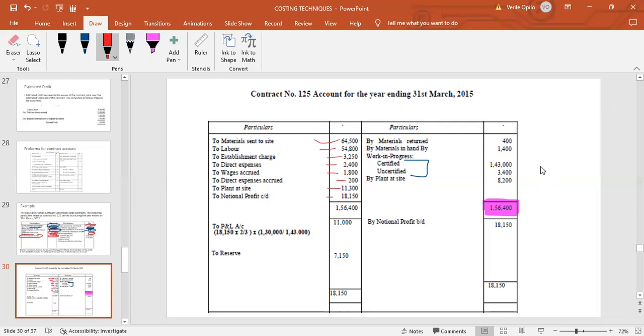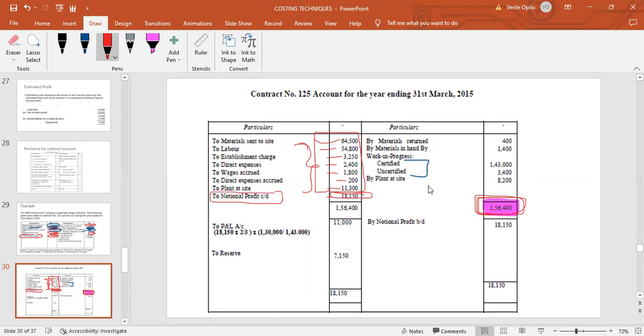When you sum this up, you deduct it from the total value on the credit side, 156,400 minus this. It should give us a surplus of 18,150. That 18,150 is what we call the notional profit.